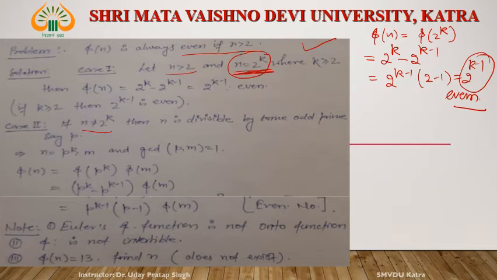If n does not equal 2 to the power k, then n is equal to p to the power k into any other integer, right?